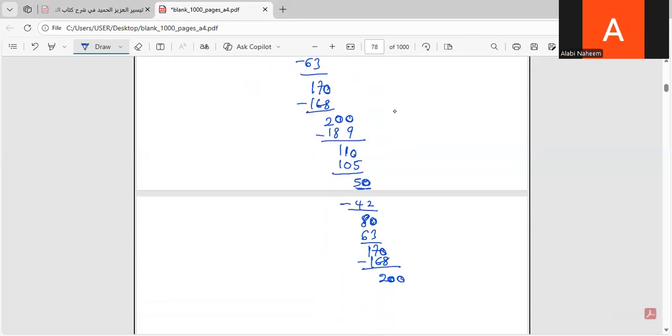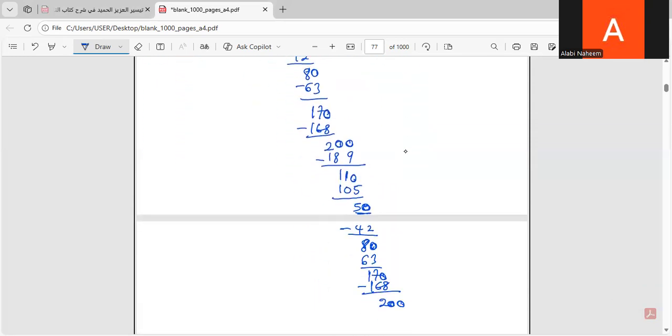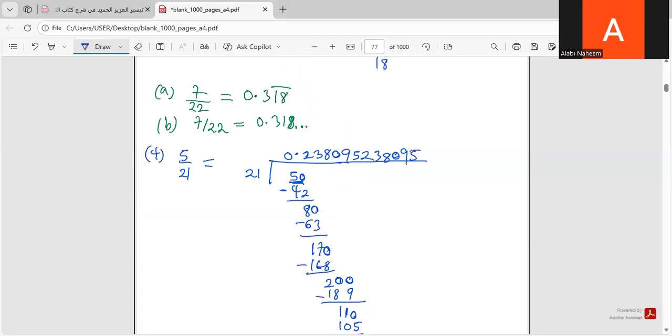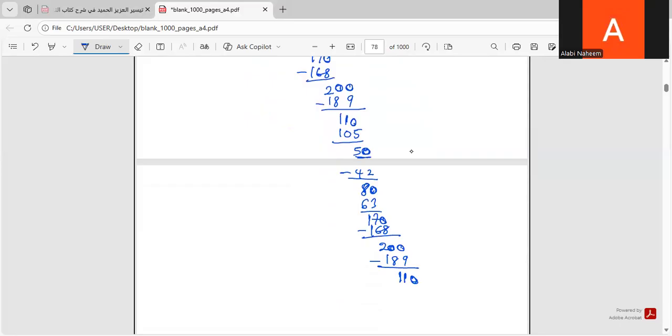21 in 200, you now have 9. 21 times 9 is 189. You subtract, you have 11. 11 is smaller than 21, so you add 0. 21 in 110 is 5. 21 times 5 is 105. Subtract, you have 5. 5 is smaller than 21, so include 0.